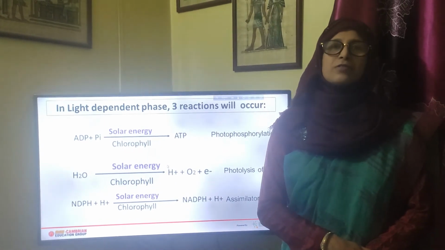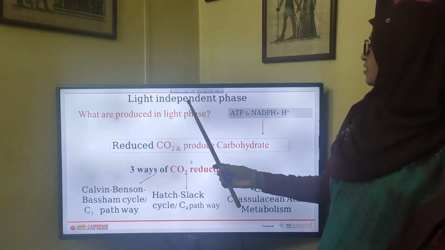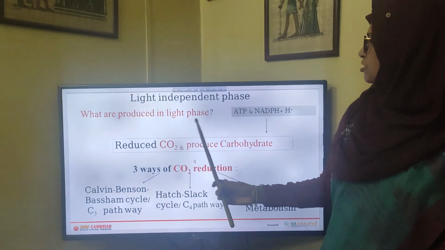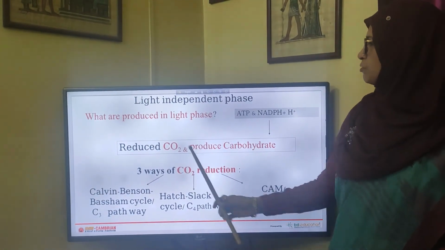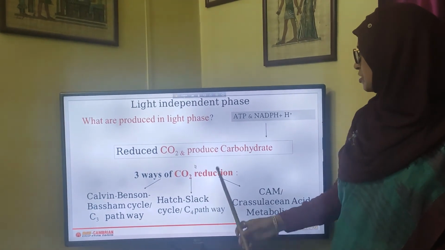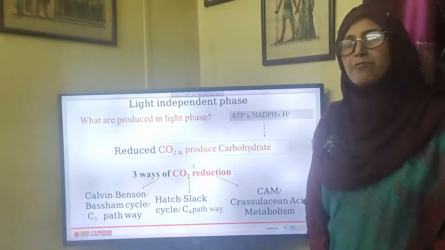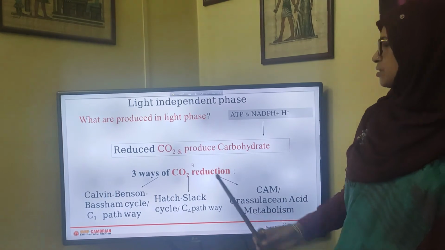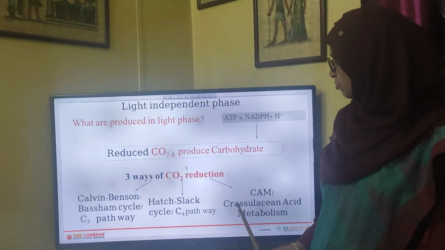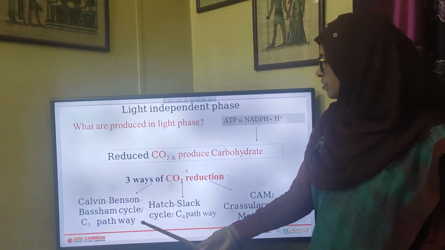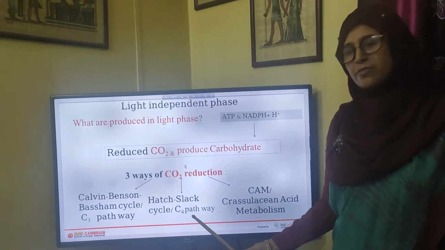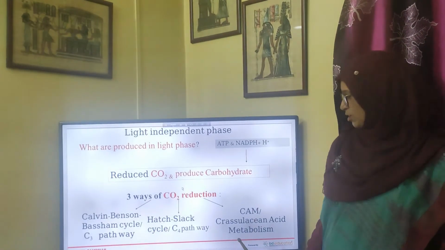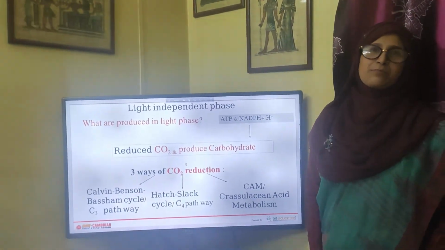So you understood, I hope. In the light independent phase, using this ATP and NADPH2, carbon dioxide is reduced and produces carbohydrate type of food. And this carbon dioxide reduction occurs in three ways: the Calvin-Bassham cycle or C3 pathway, the Hatch-Slack cycle or C4 pathway, and CAM or crassulacean acid metabolism.